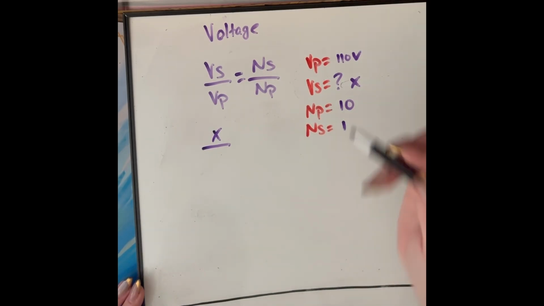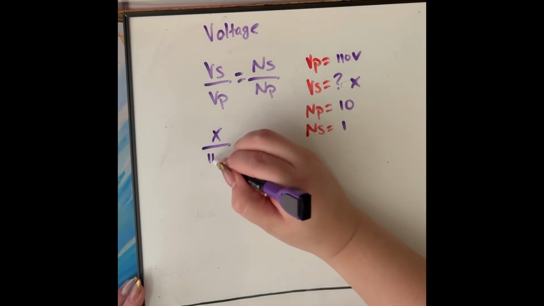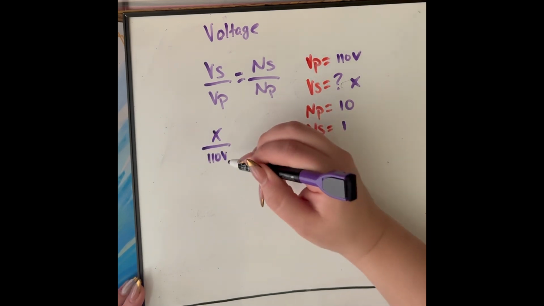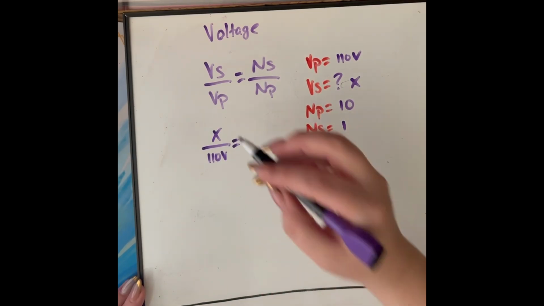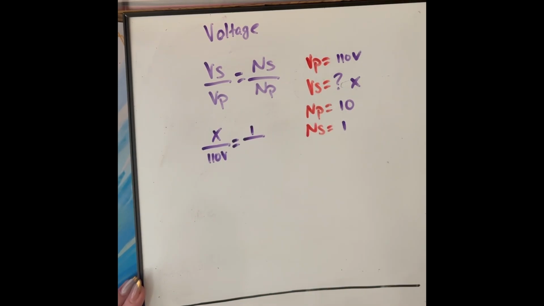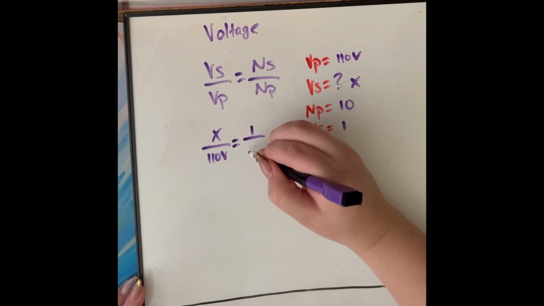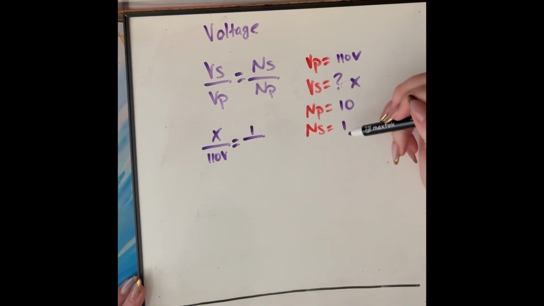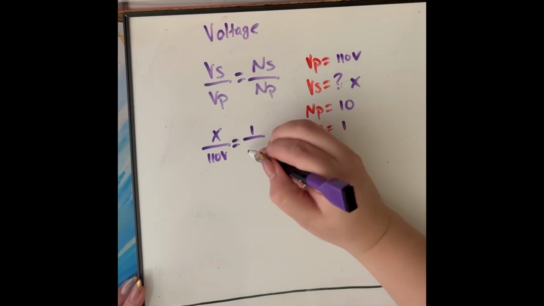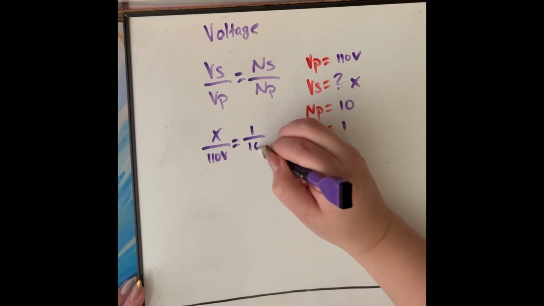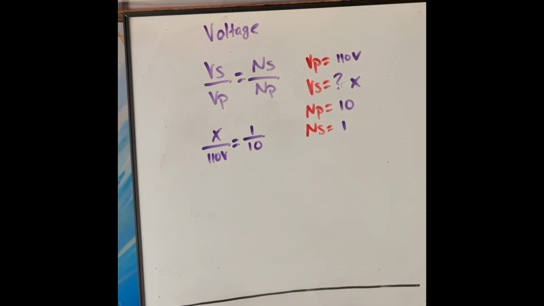Our applied voltage, our VP, is 110 volts, but if you want to make that V go away, that's totally fine. Our NS is 1. Our secondary windings, how many windings we had on the secondary side, is 1. And the number of windings we had on the primary side was 10.